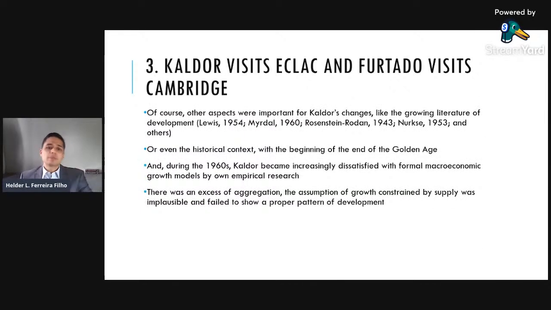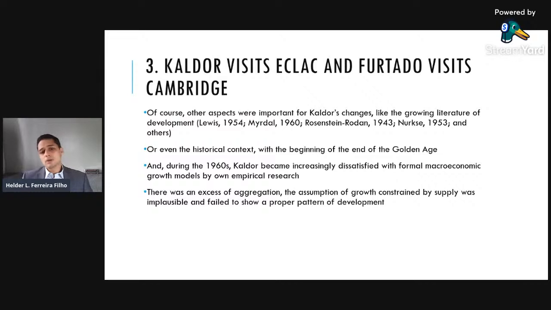Of course, other aspects were important for Calder's change, like the growing development literature, Lewis, Myrdal, Rosenstein-Rodan, Nurkse, and others. Or even the historical context, with the beginning of the end of the Golden Age and the unemployment that came after with inflation.